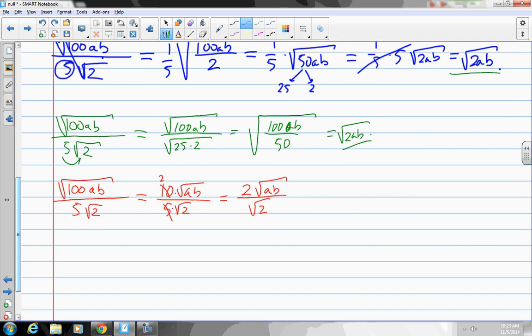This looks the same as that, but different from that. And the difference is, here I just have a square root of 2, and here I have a 2 divided by the square root of 2.